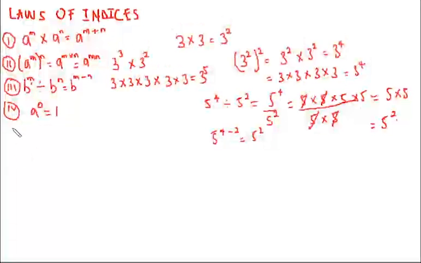And then the fifth law is saying if I have a number with the negative power of 1, this would be equivalent to saying 1 times 1 over a. Since the power is 1, I'm having a 1 here, and then 1 over a is because of the negative power here. So this becomes 1 over a.